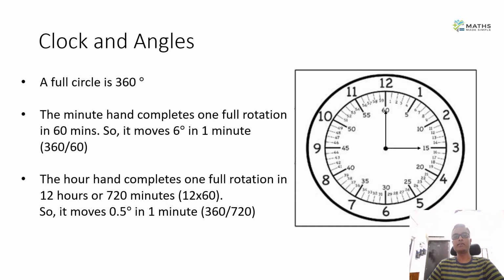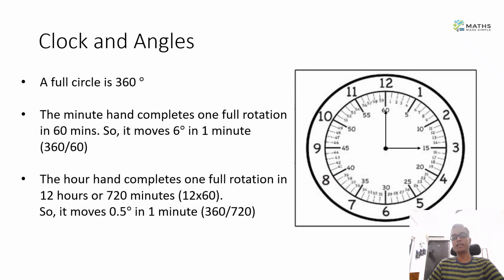On the other hand, the hour hand completes one full rotation in 12 hours. Now, if we convert that to minutes, it would be 12 into 60 or 720 minutes. In other words, the hour hand makes one full rotation or it completes 360 degrees in 720 minutes.